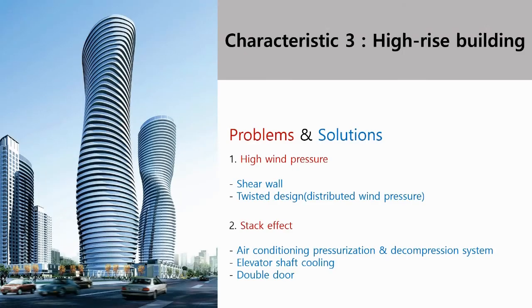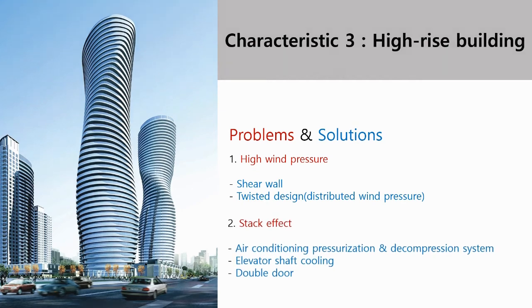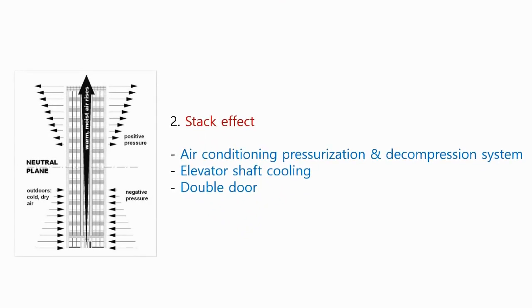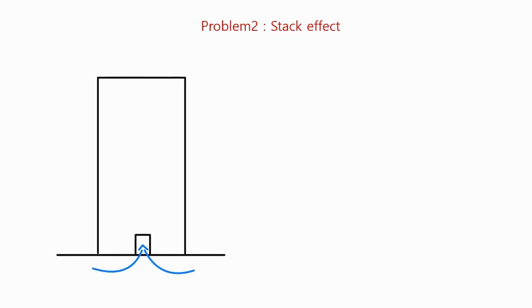The second problem caused by high-rise buildings is the stack effect. The stack effect is that when cold air suddenly blows into the lower part of the building in winter, warm air inside rises rapidly along the core of the building, negatively affecting the structural stability of the building.